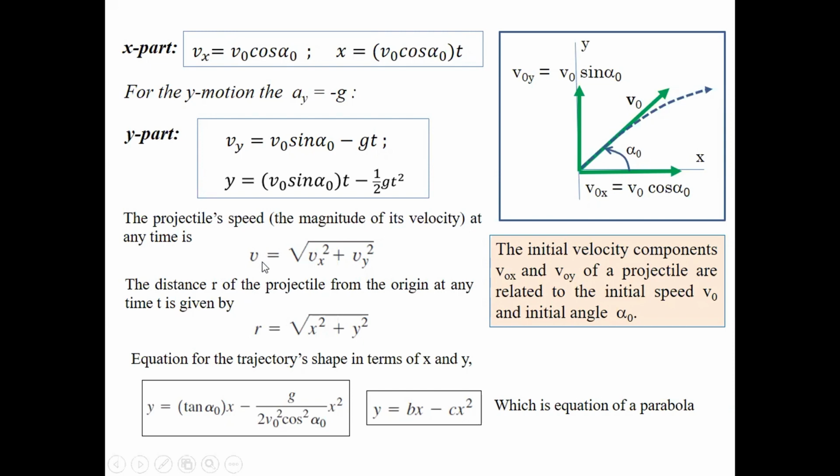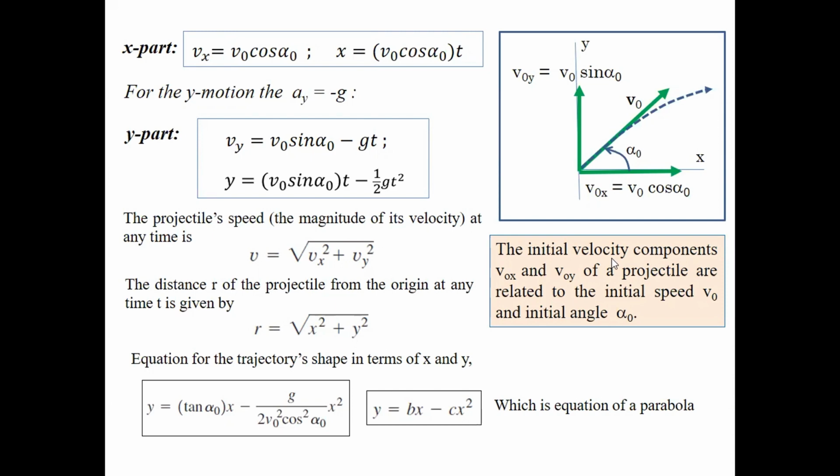I've written v is equal to under root vx square plus vy square, and r distance equal to under root of x square plus y square. Now, if we substitute, we can reduce it, and I have not done those steps.